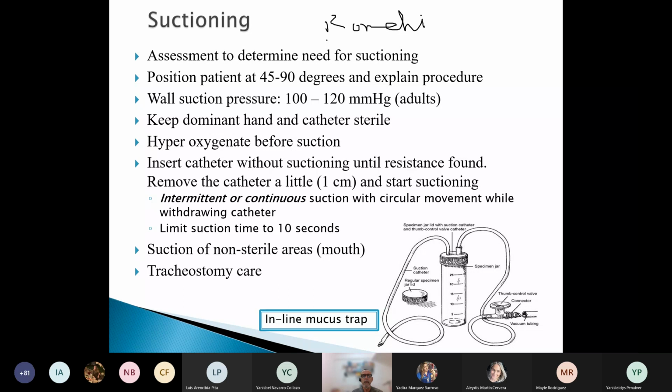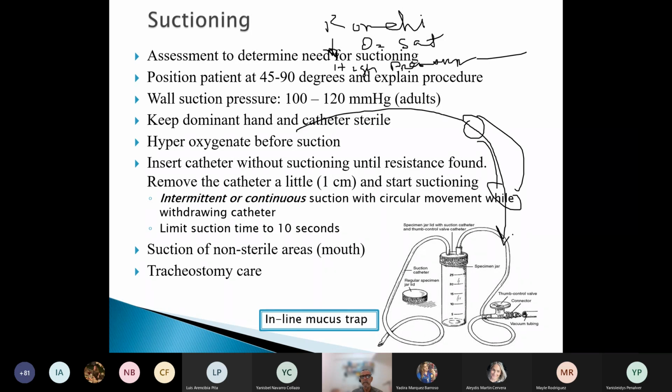The other sign is that the patient, while having too much secretion in the lungs, will have a drop in the O2 sat, and the alarm of the O2 sat machine can go off. Another reason for suctioning is that the high pressure alarm of the ventilator can go off. The ventilator introduces air through the tube or tracheostomy of the client into the lung, and of course it's going to find a resistance, a pressure.